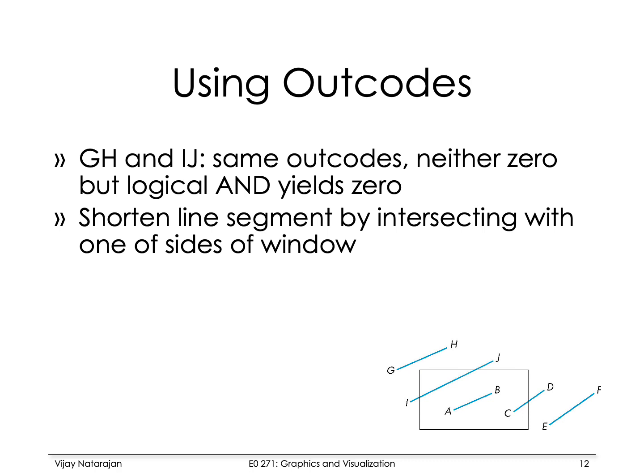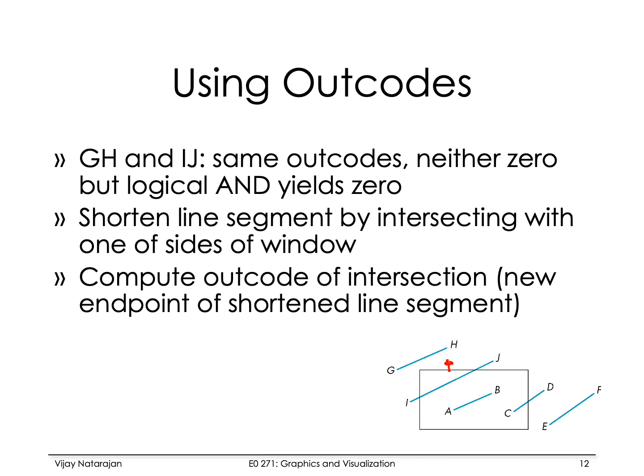The way you do that is by identifying one of the lines with which you want to intersect. For example, for H, you can decide based on its outcode that you want to intersect with the y equals y max line. Now we can compute the outcode of this intersection point.